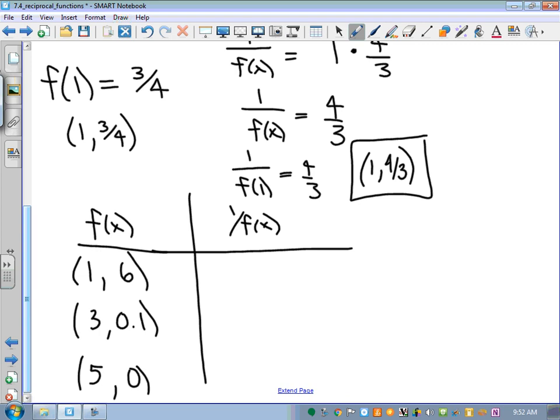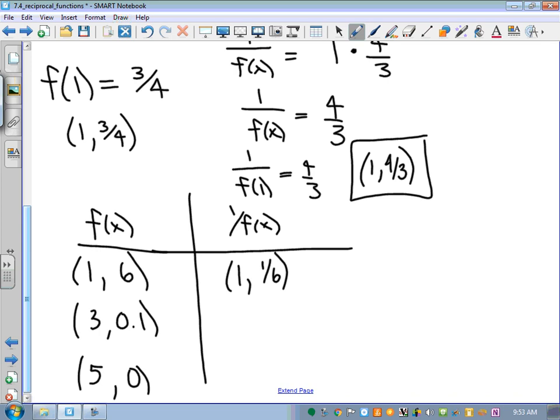The result of putting that x value into the reciprocal function is what's changing. And it's very important that this is nothing more complex than saying 1 comma 6 turns into 1 comma 1/6. Now, 1/6 is an ugly decimal. It's repeating, as you can write as a fraction, but I would recommend starting to recognize that if we have a nice big whole number, then the reciprocal is just 1 over that whole number.